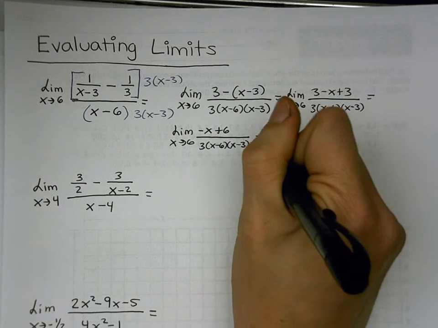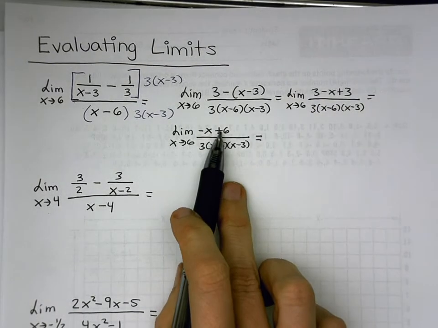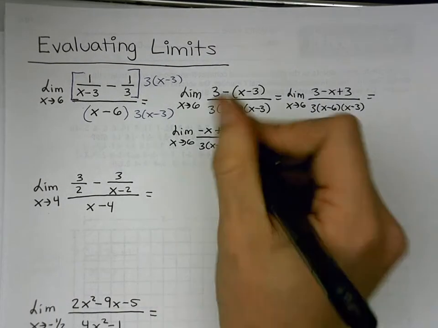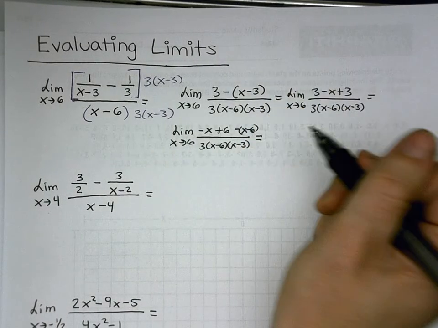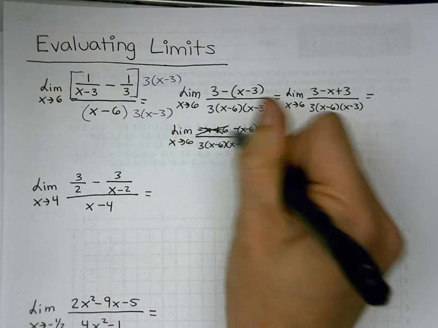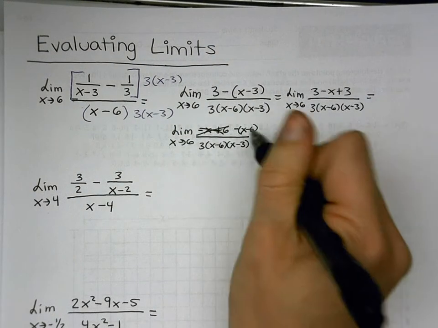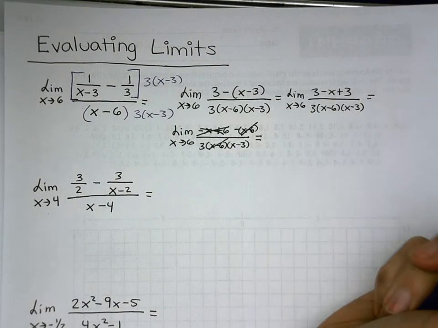Okay, these ones do simplify. If I pulled a negative out of this numerator, I would be left with x minus 6, which means the x minus 6's can cancel.